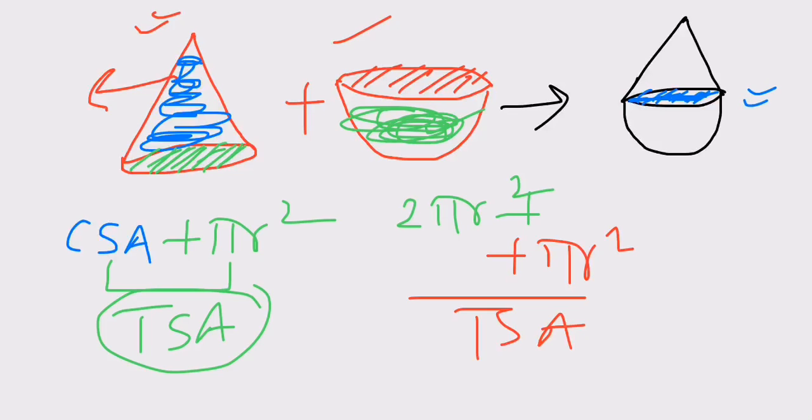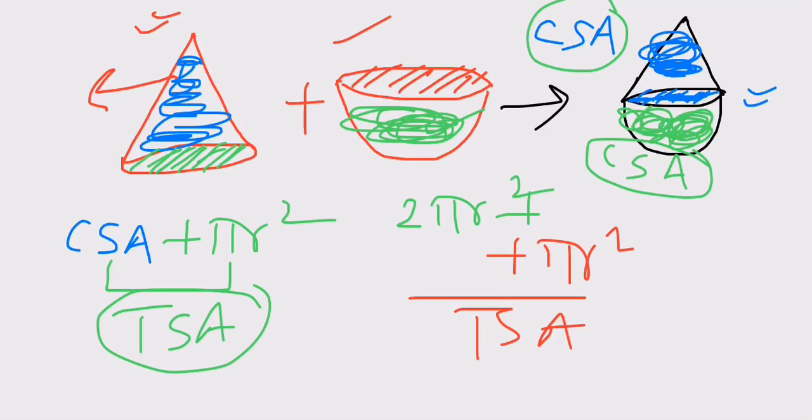It means we will have to include only this portion, CSA of cone and the CSA of this hemisphere. This is what is required to be included in the total surface area of this toy.